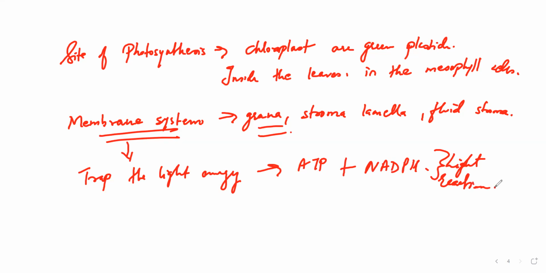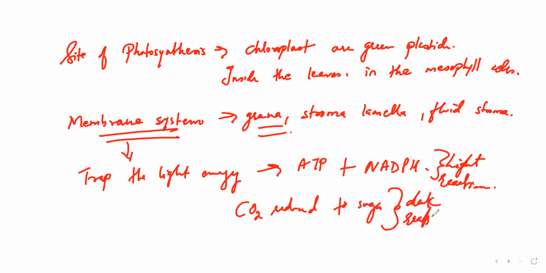In the dark reaction, whatever CO2 is there gets reduced to sugar. So this is the dark reaction. Basically two types of reactions usually happen in the chloroplast as a part of photosynthesis.